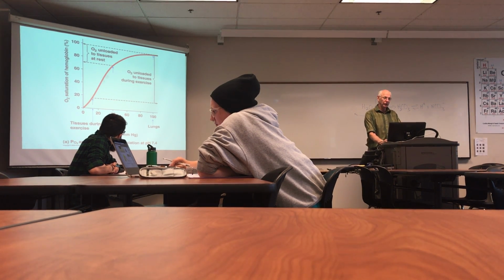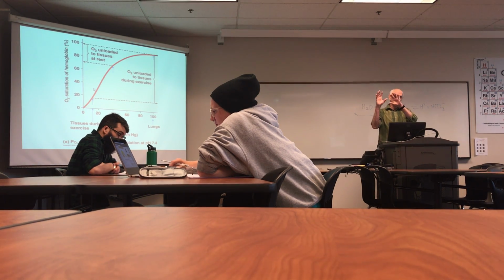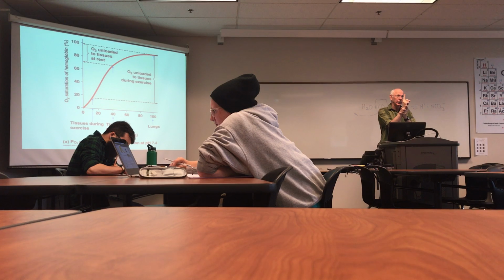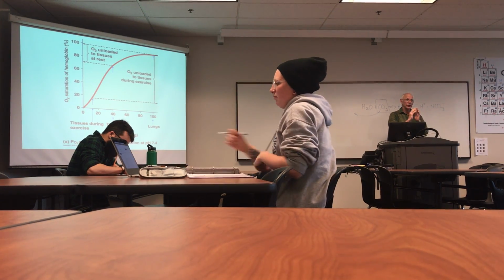You don't have to have a huge drop, except to understand that cooperativity takes place. The first one that comes off is fairly difficult to get off, but once it gets off, it makes it easier. The sites are easier to unload. They have less affinity for oxygen, so they're going to dump it faster.